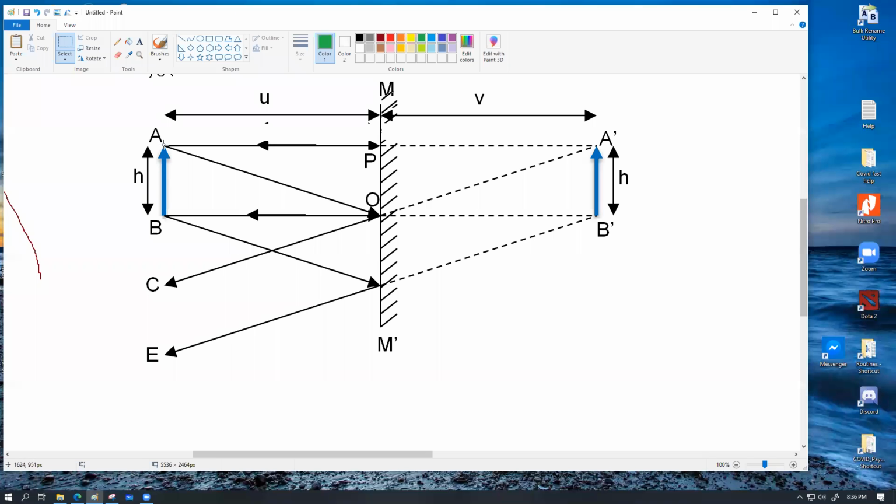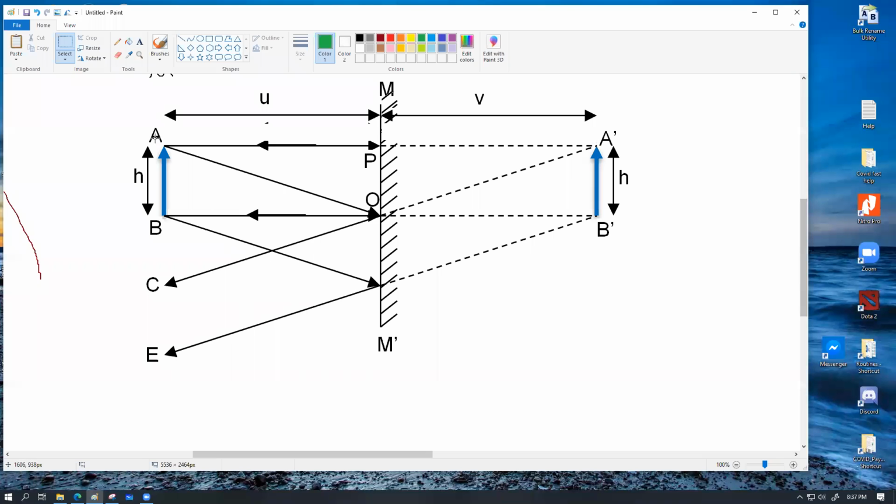This is the AB object. From A, one set of light rays falls on the exact point P and is reflecting backwards. This arrow represents the incident ray, and this arrow represents the reflected ray, which was extended down the line up to a random point. Basically, we already knew the position of A because we use that logic of equal length and perpendicular line. So we would know this point.